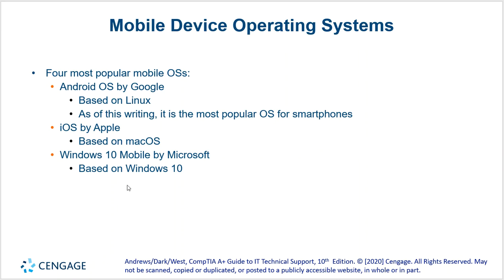And then there's Windows 10 Mobile by Microsoft. And Microsoft is making great advances, and you can connect your Xbox controller to your computer and link to your Xbox and play your games on your computer. So that seems pretty cool.